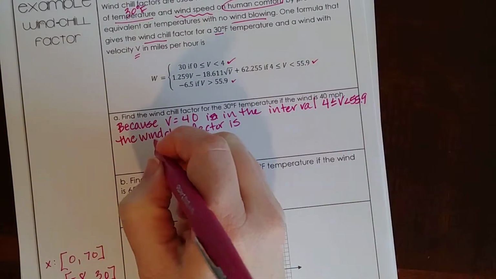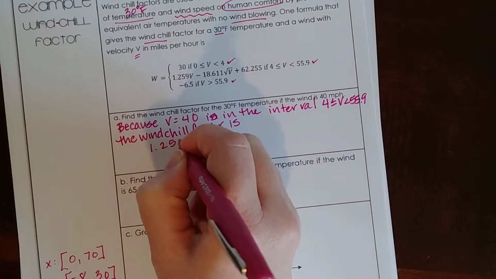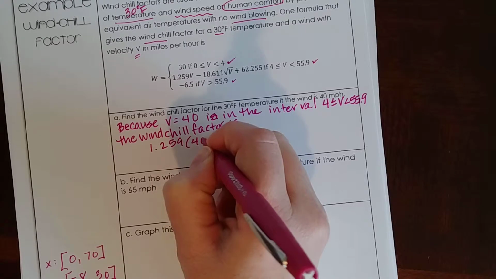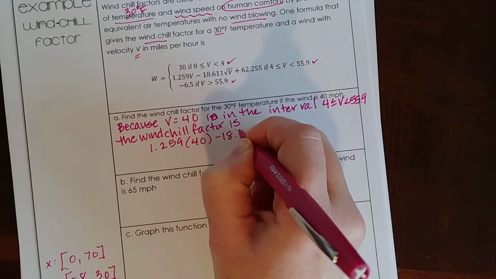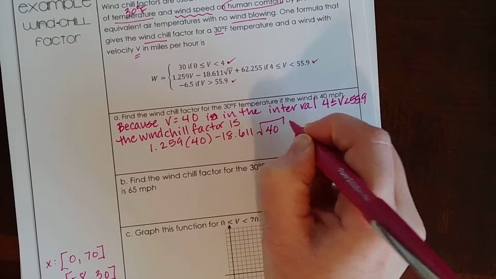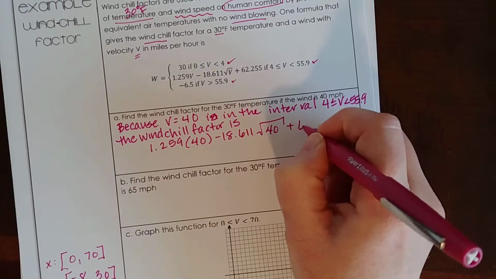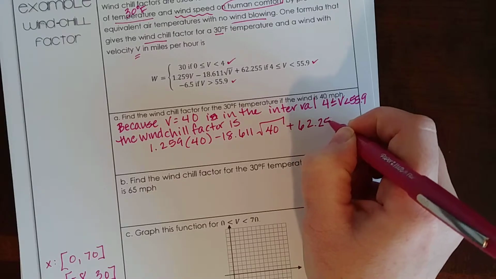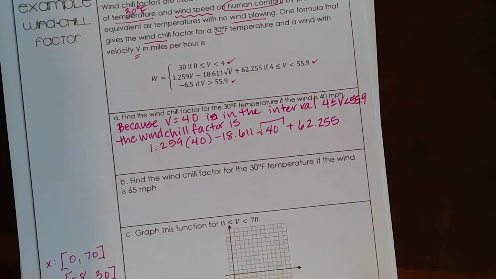So we're going to enter 1.259 times 40 minus 18.611 times the square root of 40 plus 62.255. All right, so what does that look like?